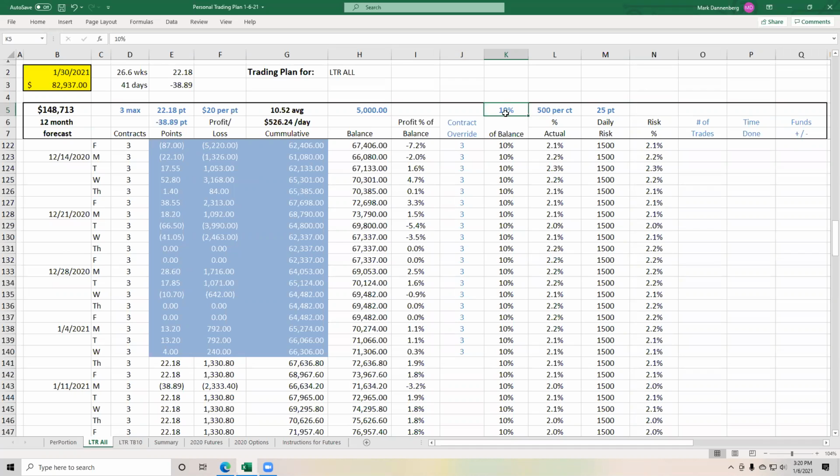We use a factor of 10%, which means that I have to have $15,000 available in the account in order to trade $1,500 of margin. We want the margin requirement for our contracts to be no more than 10% of the balance of the account. So that's limiter number one.